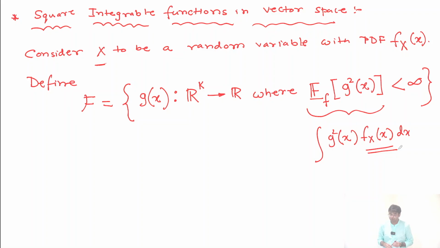Now, square integrable functions, but now it is mentioned that they are in a vector space. Why in vector space? Because square integrable functions satisfy the property of a vector space. What is the property of a vector space? Correct. If there are two points that I take from the vector space, any linear combination of those should also belong to that same space.